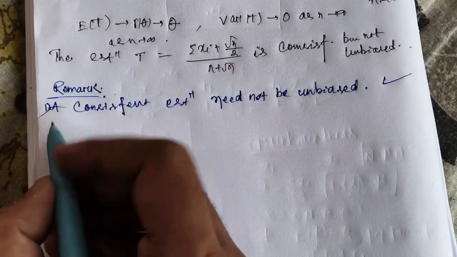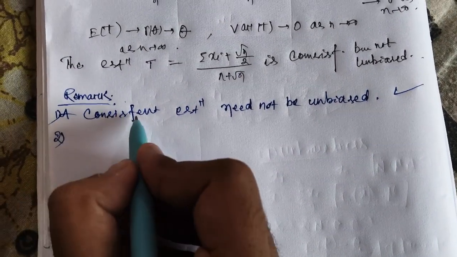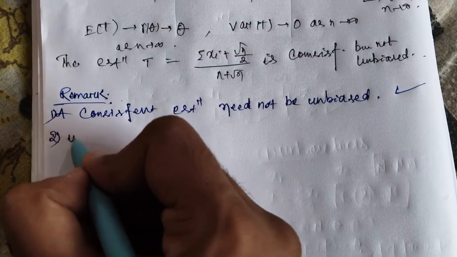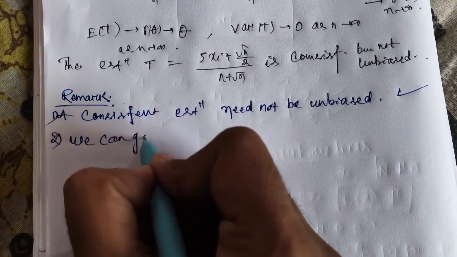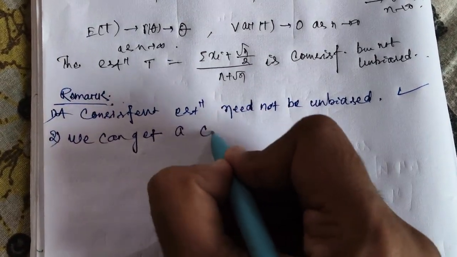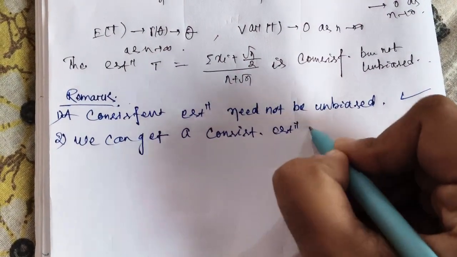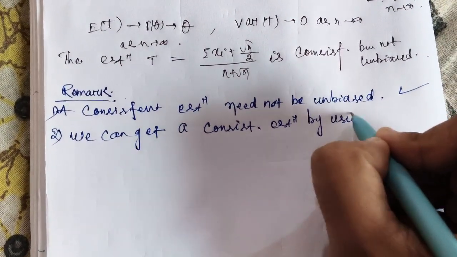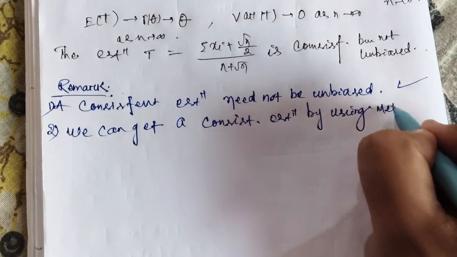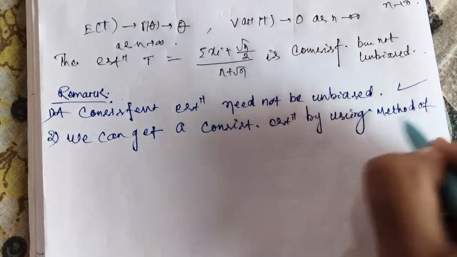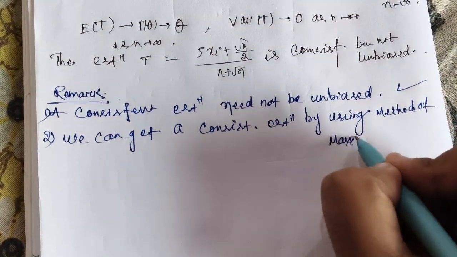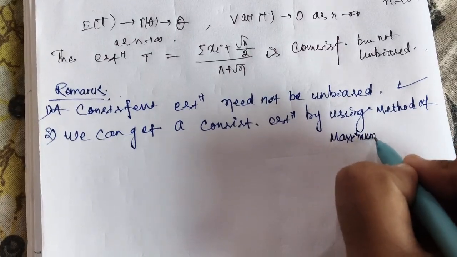Now the second concept about the consistent estimator is that we can get a consistent estimator by using the method of maximum likelihood.